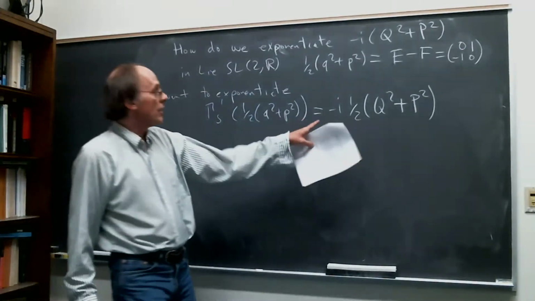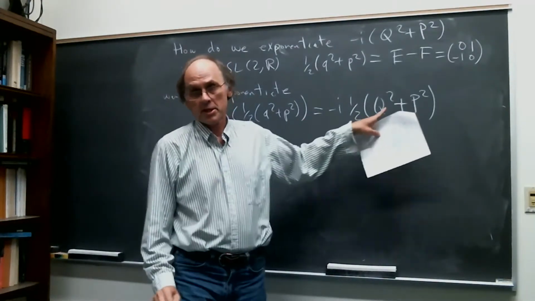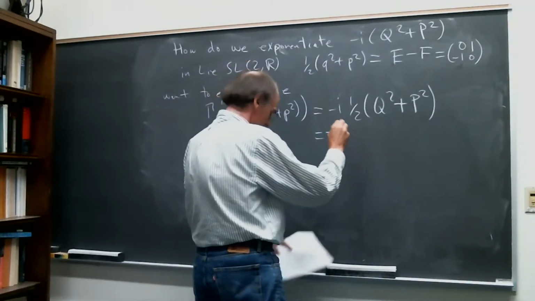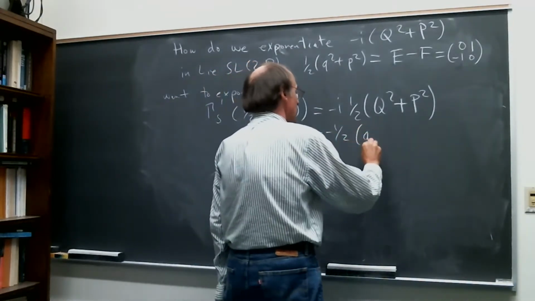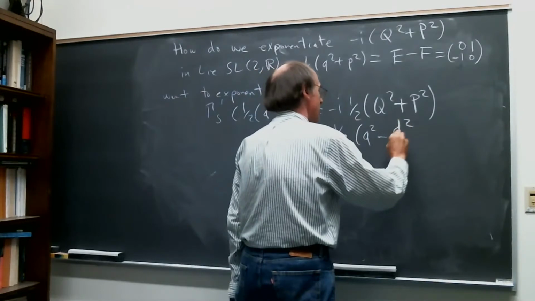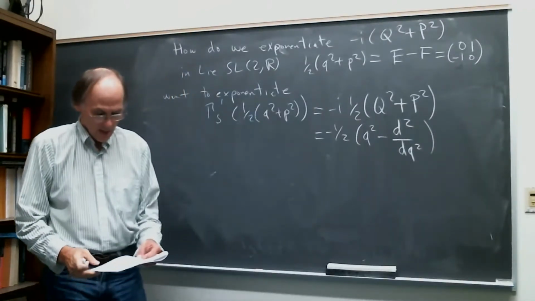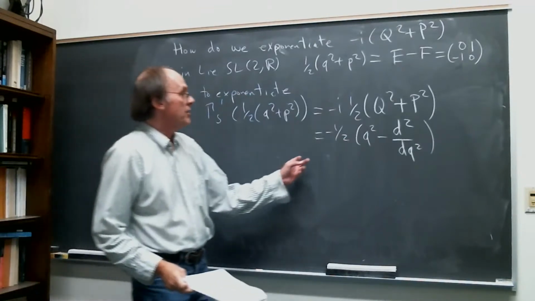But now let's say that we're in the position space representation. This is minus i over 2 times q squared minus d squared dq squared. Okay. And so here you have this problem.